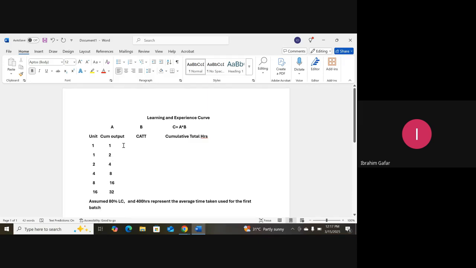So if I say first batch, I mean the first one, that first unit. The average time taken for the first production is 400 hours.